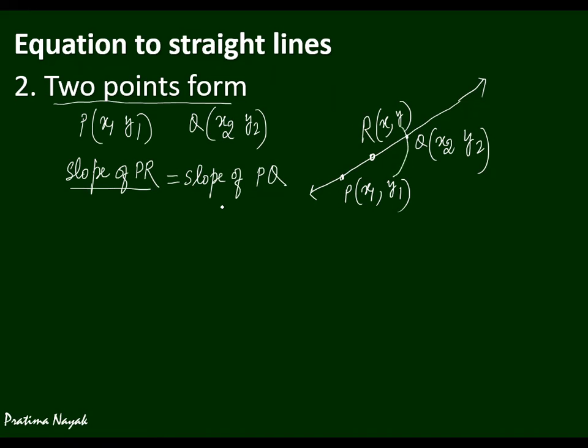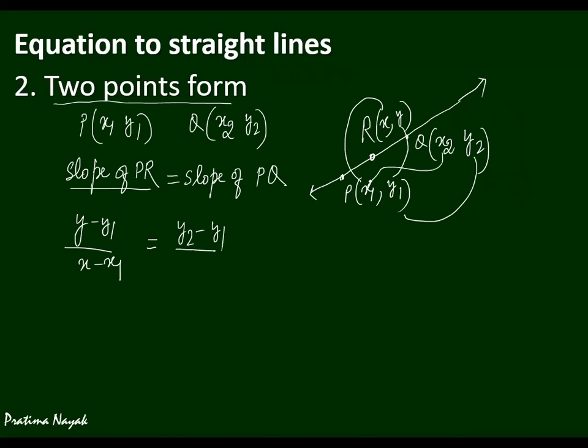It is equal to y minus y1 upon x minus x1. And what is slope of PQ? y2 minus y1 upon x2 minus x1. So this is the equation of the line passing through two given points.